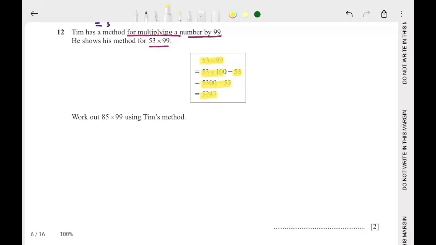In this way we have to work out 85 times 99. According to Tim's method, 85 times 99 is equal to 85 times 100 minus 85.